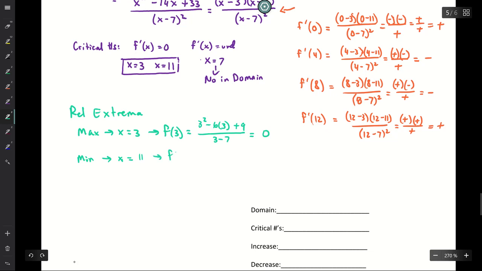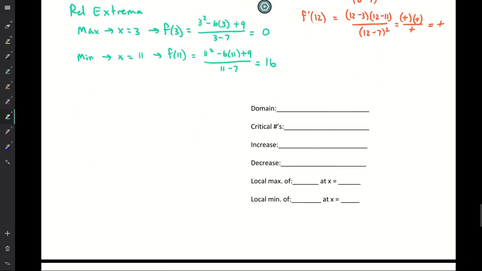If we plug in 11, we'll have 11 squared minus 6 times 11 plus 9 all over 11 minus 7. Plugging into your calculator there, you're going to get 16. All right, so now let's go down and fill in our answers. For this one, we had said that the domain was everything except for 7, because 7 was a vertical asymptote.